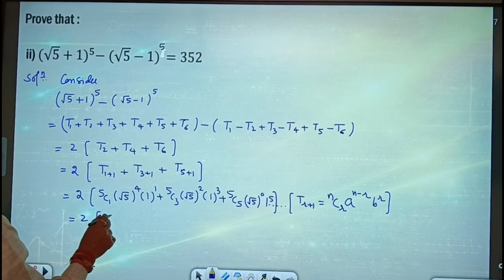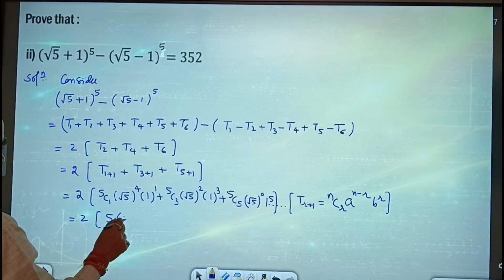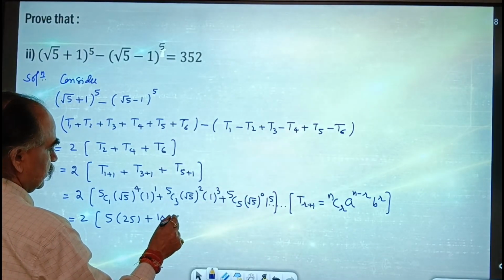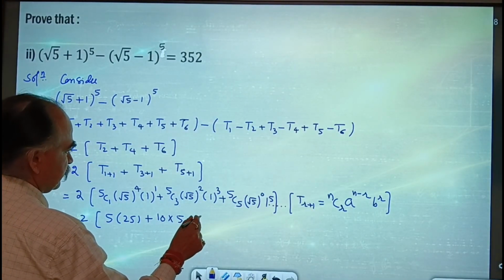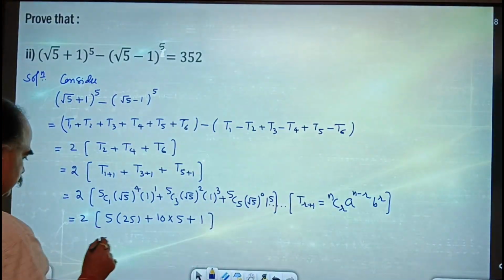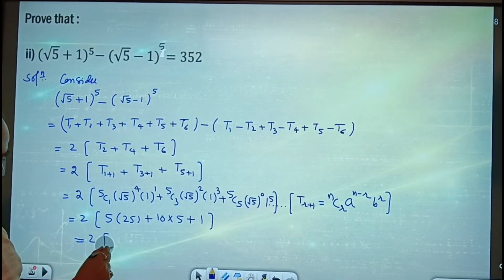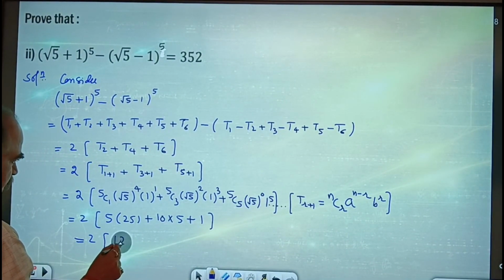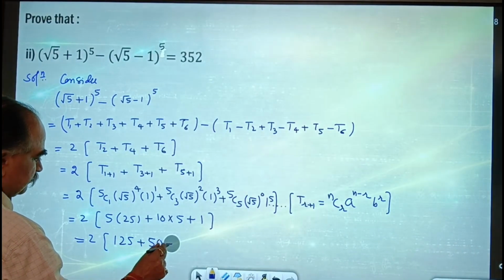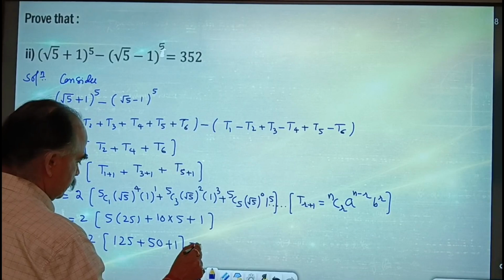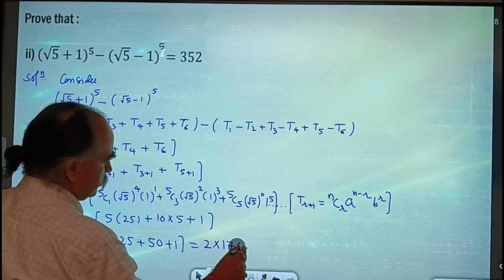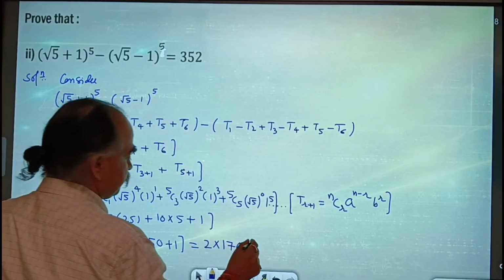Two times 5C1 is what? 5 into 25 plus 5C3 is 10 into 5 plus 5C5 is 1 into 1. 125 plus 50 plus 1, 176. 2 into 176 is 352.